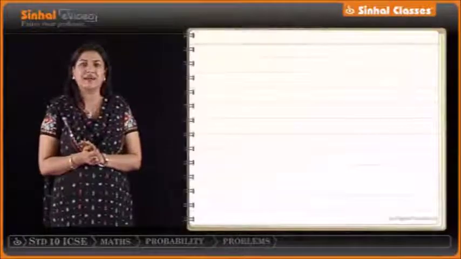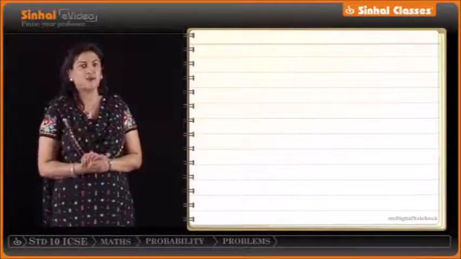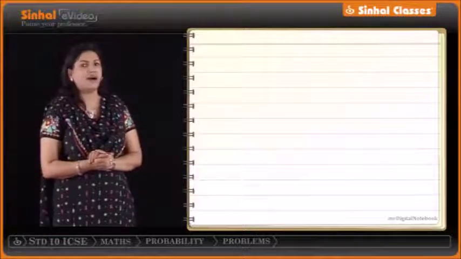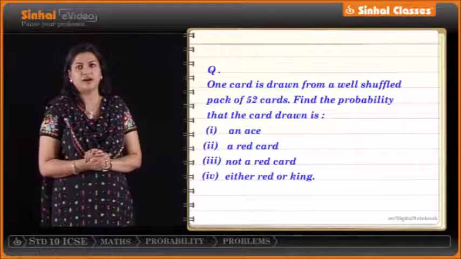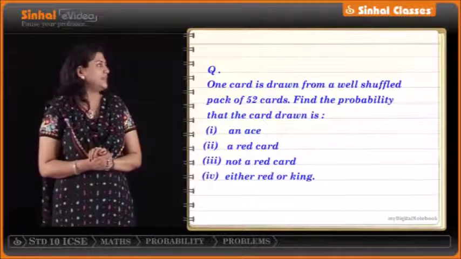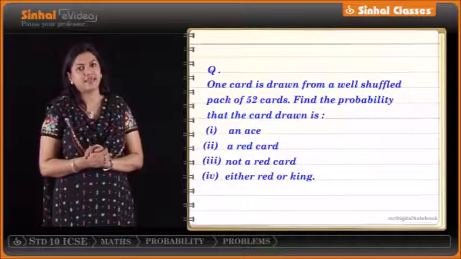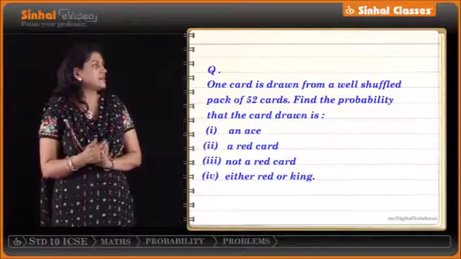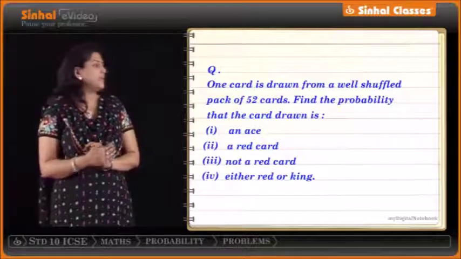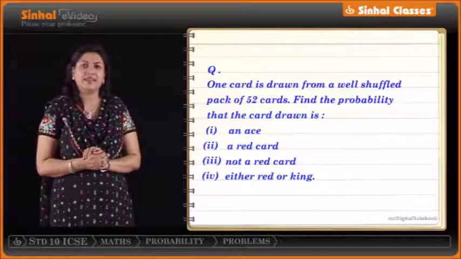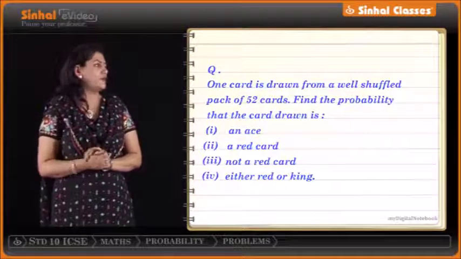Now with this in our mind, let's start with the next problem. One card is drawn from a well-shuffled pack of 52 cards. Find the probability that the card drawn is an ace card, is a red card, is not a red card, either red or king. Now let's take the first one.